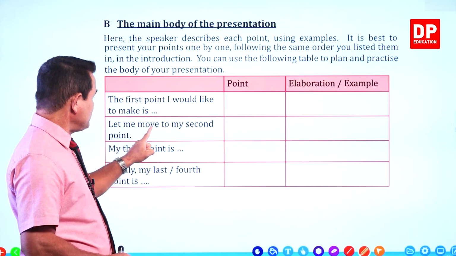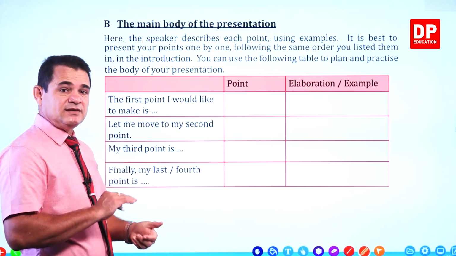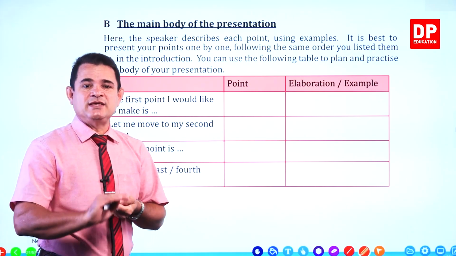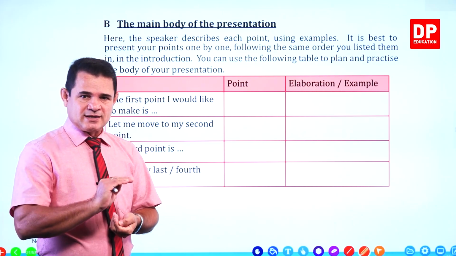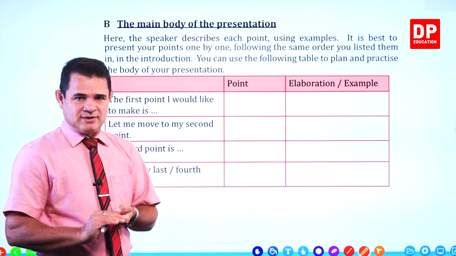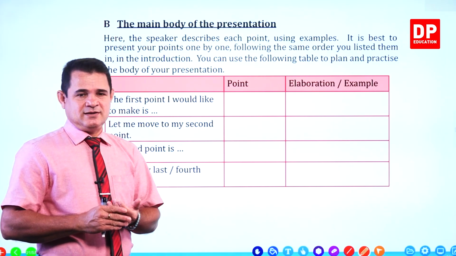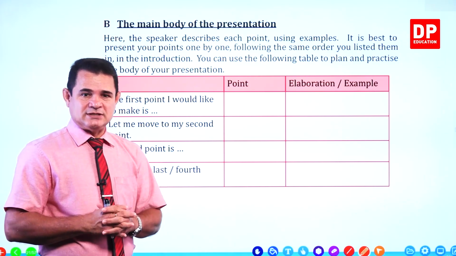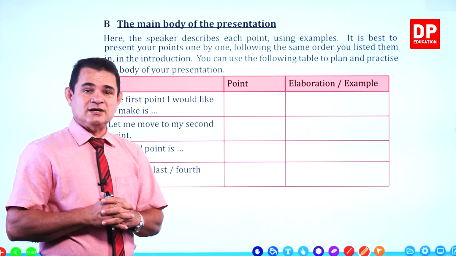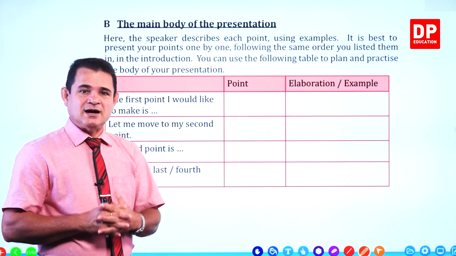Then let me move to my second point. See the way of moving from one point to the other. There should be a nice flow. Whatever you tell should not confuse the listener.